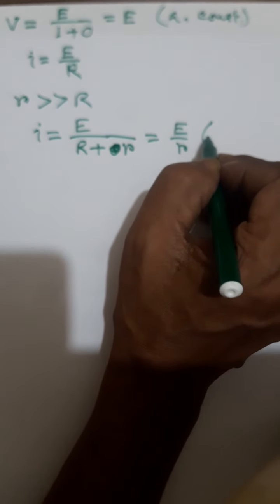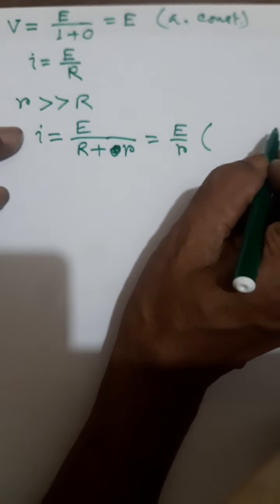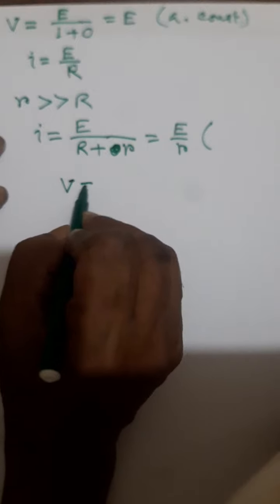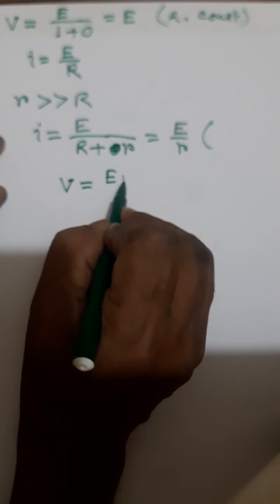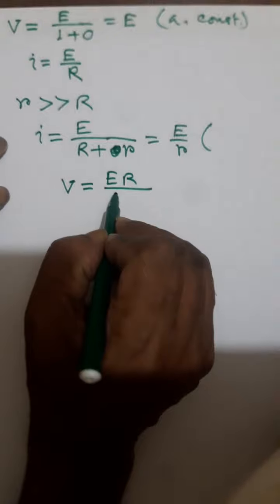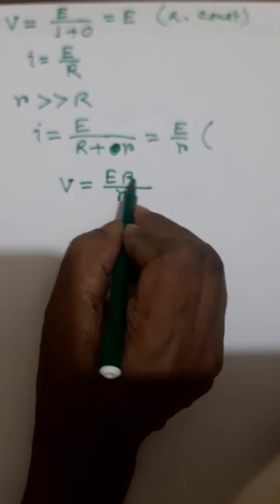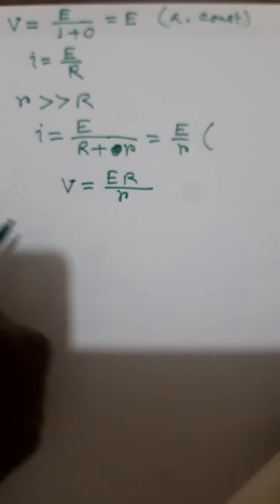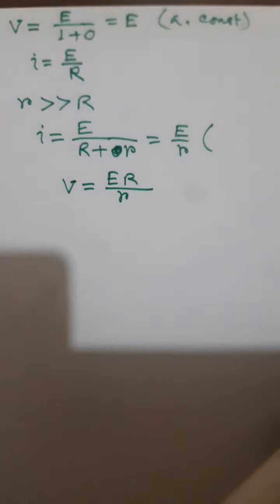That is, current through the load is constant, and load voltage V equal to E capital R divided by small r. Thus, we have a constant current through different loads, but the load voltages are different for different loads. Such a source is called a current source.